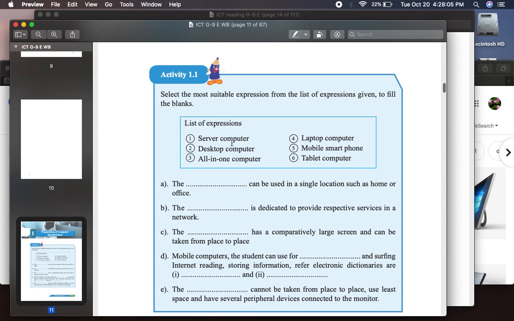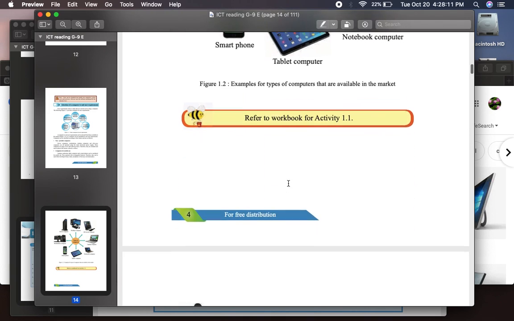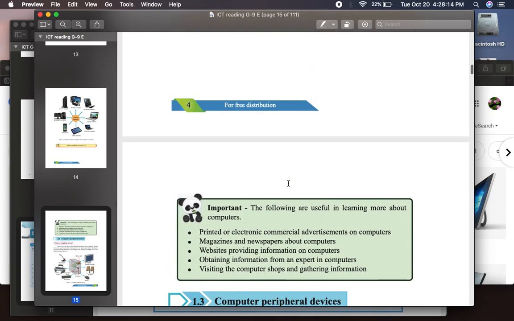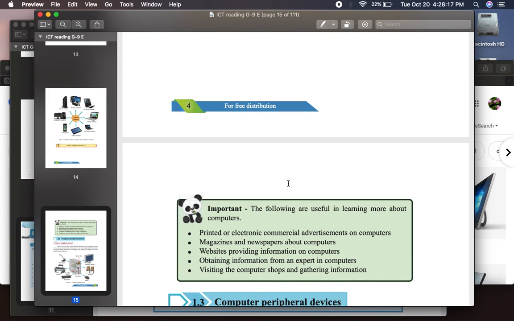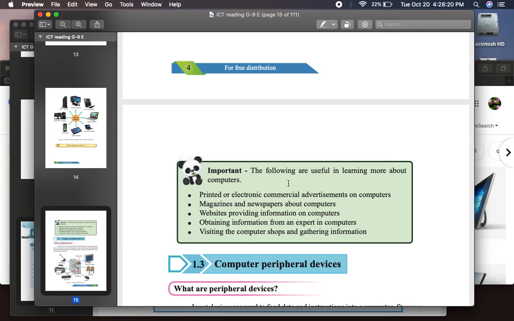So I hope you understood activity 1.1. Now, there is a balloon here saying important. The following are useful in learning more about computers. Printed or electronic commercial advertisements on computers. So, if you go to a local IT exhibition like Infotel, there are many stalls that give leaflets, commercial advertisements about computers to visitors.